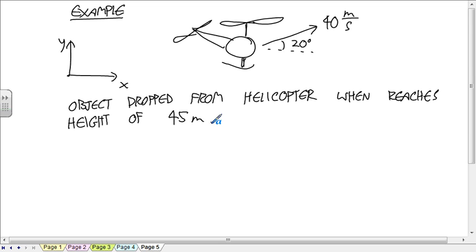Okay, so before we do this problem, take a second and try to sketch what the path of that object is going to be once it leaves the window of the helicopter. Okay?